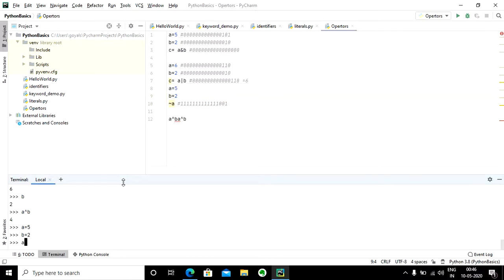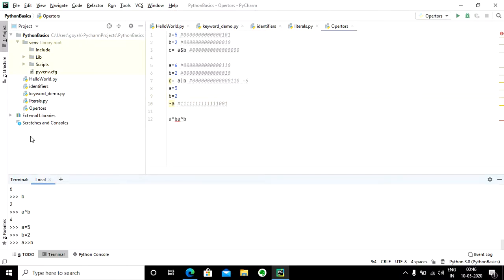The right shift is represented by a pair of right chevrons, so two greater-than signs. If I perform A right shift B, it is going to shift the value of A by B bits.